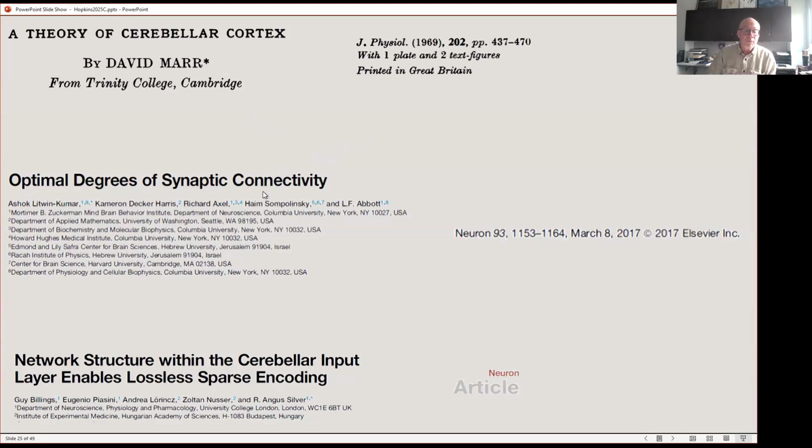And then Larry's lab did this beautiful paper where they had this interesting metric, which was coding dimensions per input, which peaked at 5 to 7. And I find that intriguing, but I have no idea what that means. And then Angus Silver's group did this really mathy thing where they talked about lossless coding and mutual information.